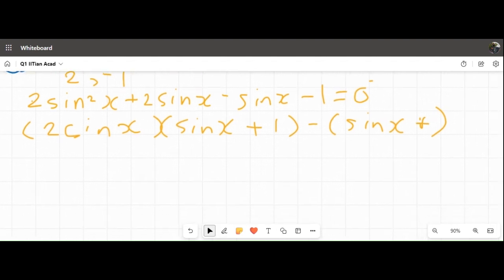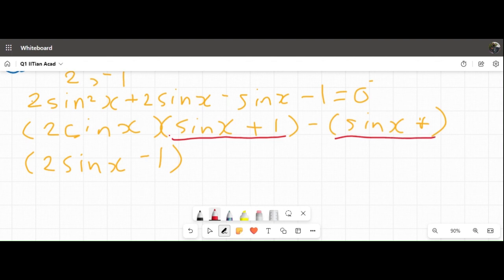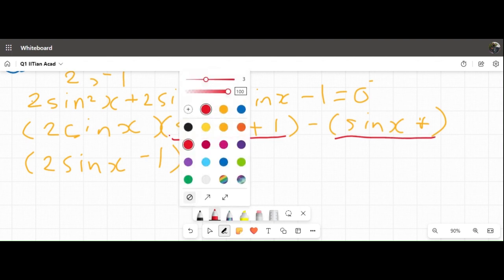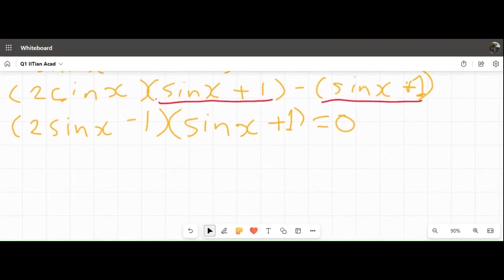And now what we can do is group these common terms and rewrite this in factored form, essentially. So it just becomes 2 sine x minus 1 multiplied by this common term that we found, which is sine x plus 1. We have it twice there. And it's all equal to 0. Okay, so now we have the factored form of our equation.